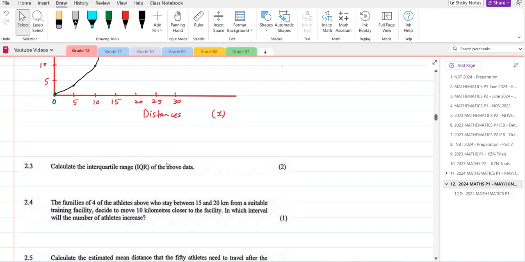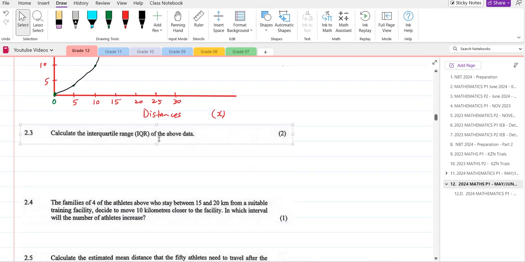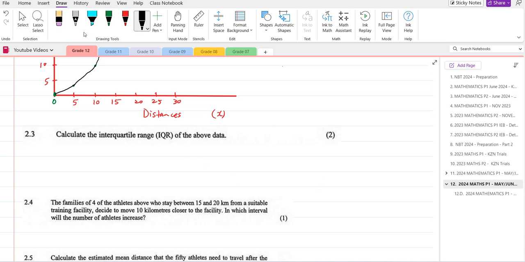Moving on, calculate the IQR of the above data. To calculate the IQR, we have to take the Q3 position, because IQR is Q3 minus Q1. Now the Q3 position is 3/4 of n. You can use n or n plus 1.